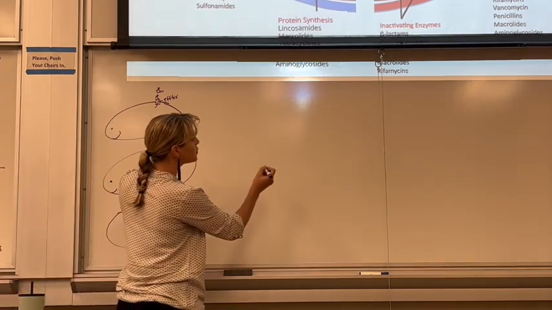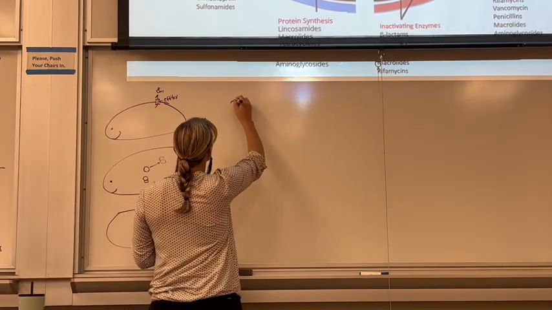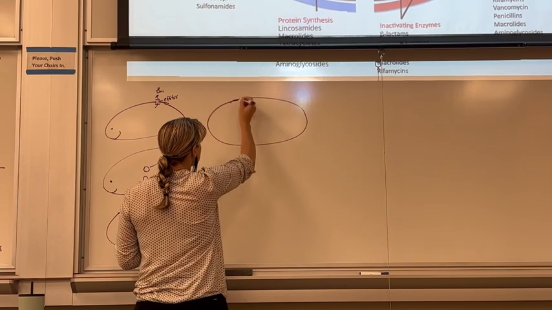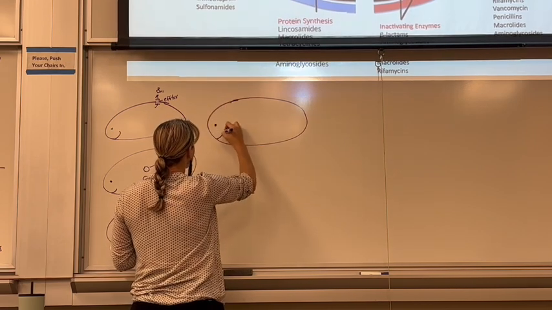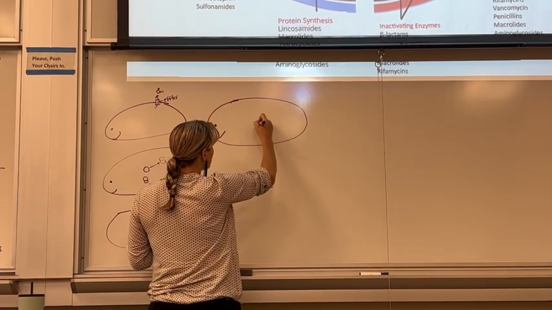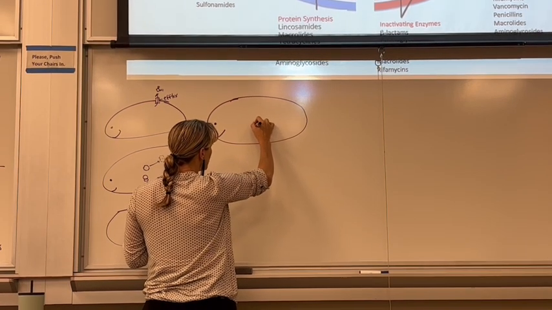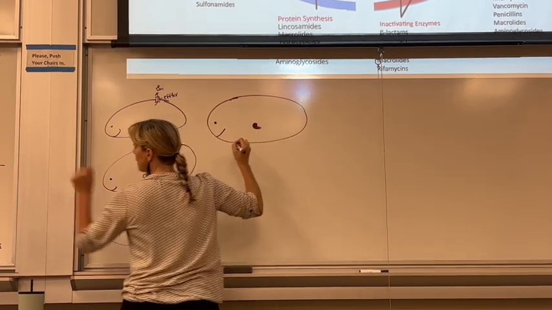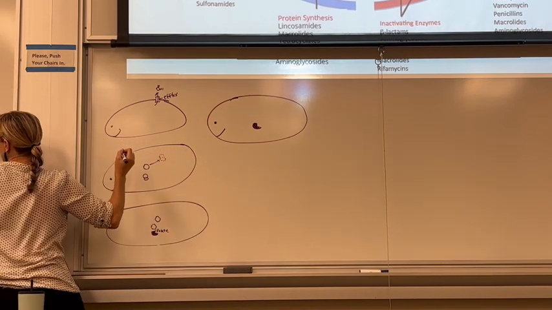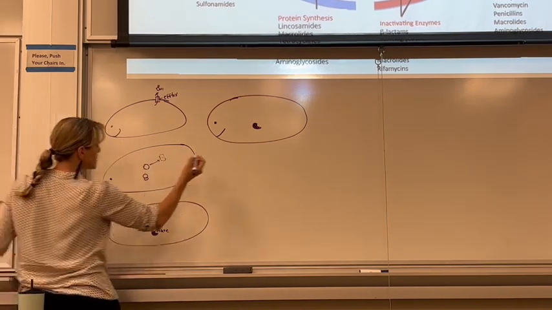And then our last one was inactivating enzymes, and this is our classic beta-lactam example, where you have your bacteria and the four beta-lactams. Name them.